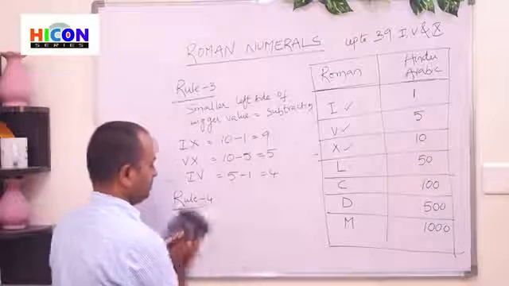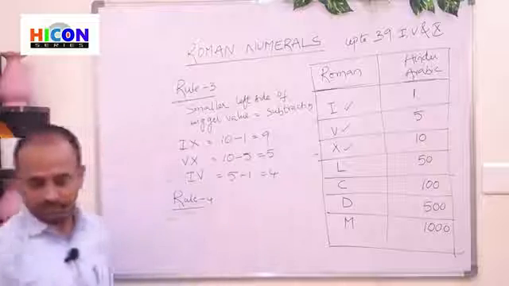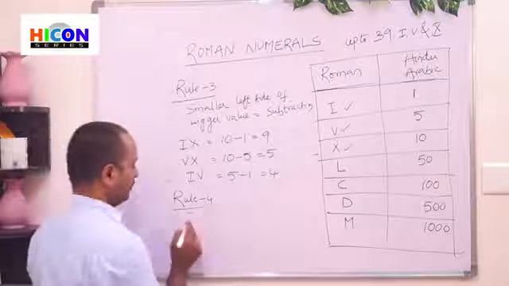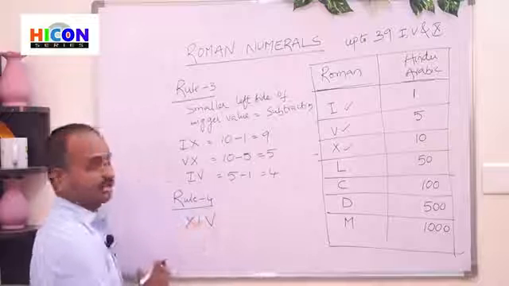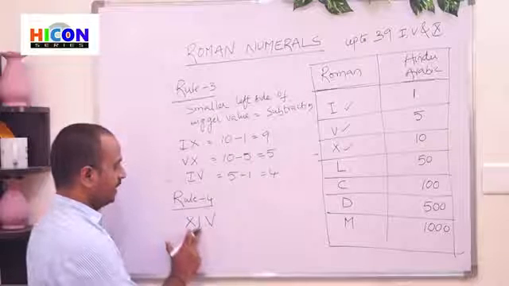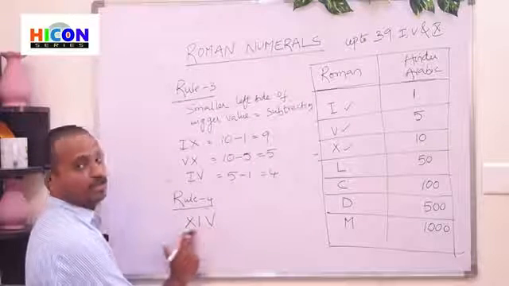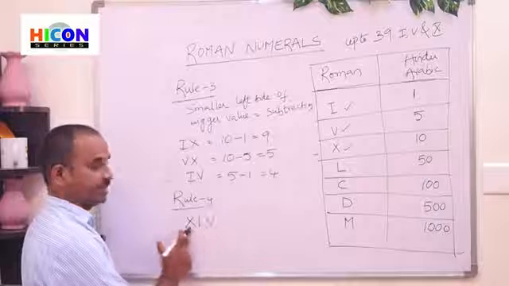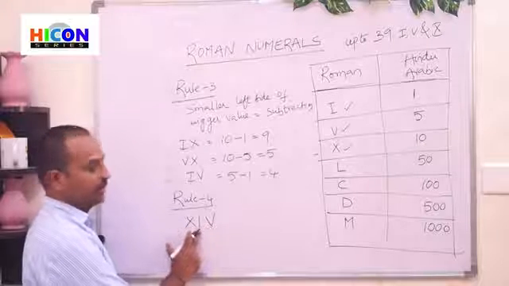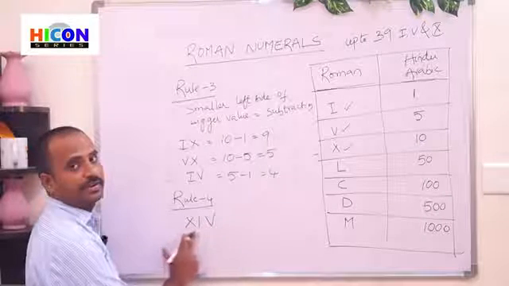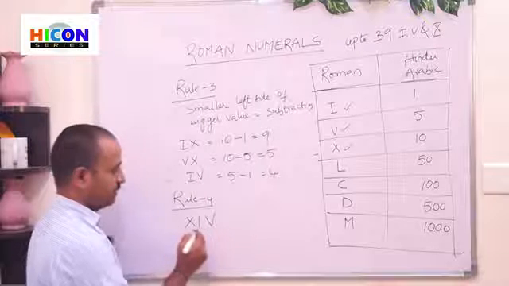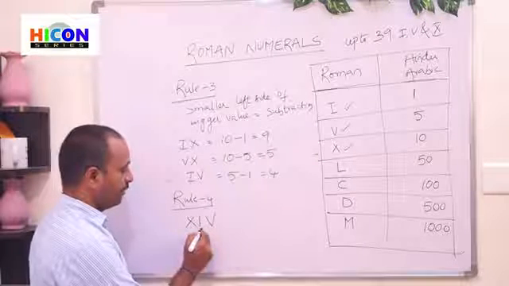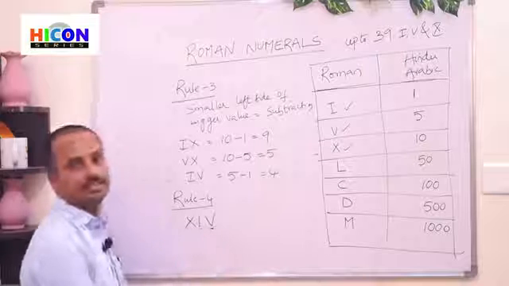So children, let us see one more example. For example, X, I, V. Here I is the smaller value and the smaller value is placed in between its bigger values. So X is bigger than I and V is bigger than I. So if a smaller value is placed in between its bigger values, subtract the smaller value from the bigger value present on its right side.